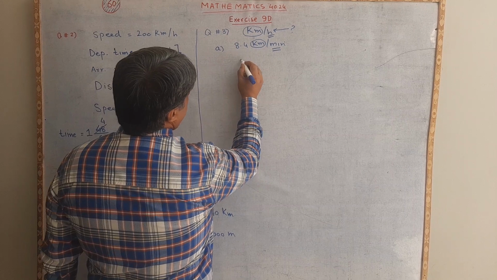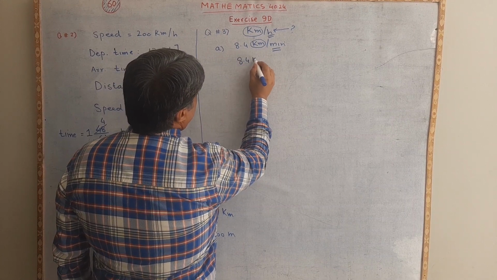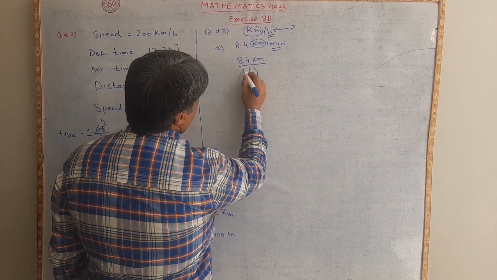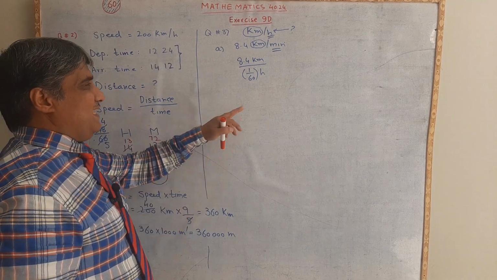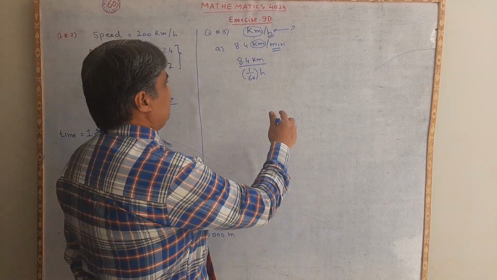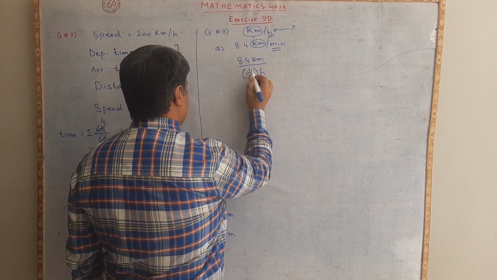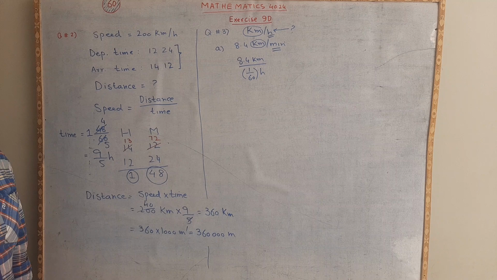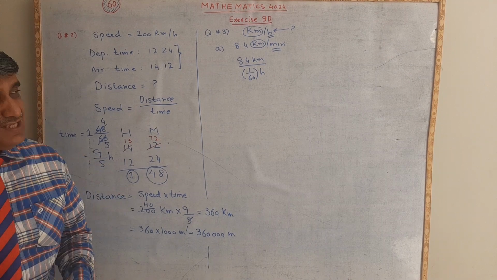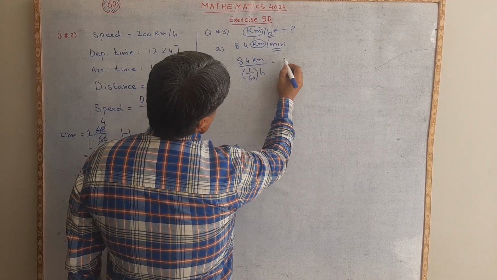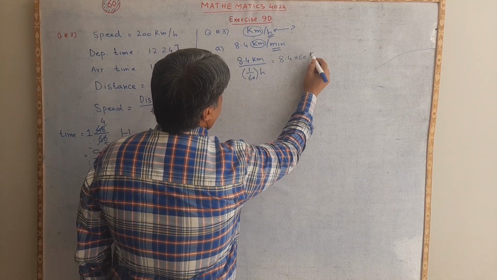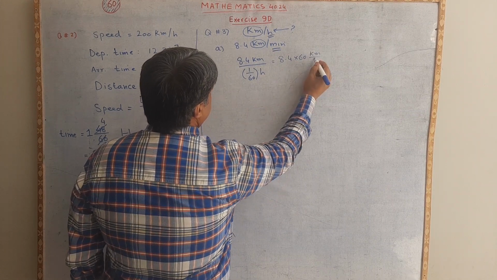So we have to write 8.4 kilometer divided by 1 over 60 hour, because there is only 1 minute. If it was 2 minutes, then we would have to divide 2 by 60. In this case, because only 1 is there, we can multiply by 60. So now we can write 8.4 multiplied by 60, kilometer over hour.